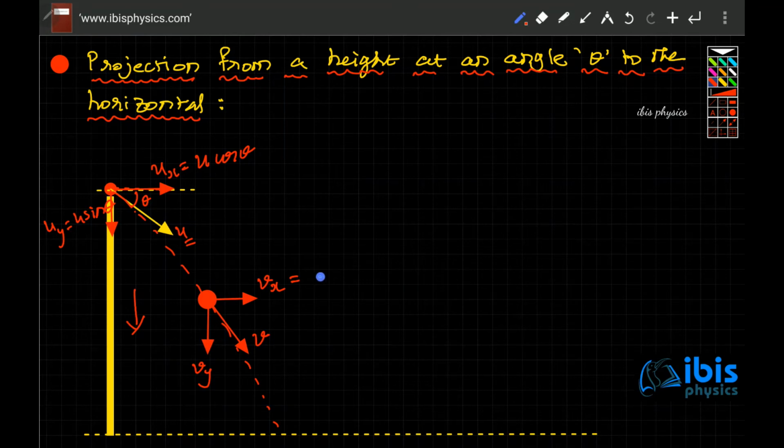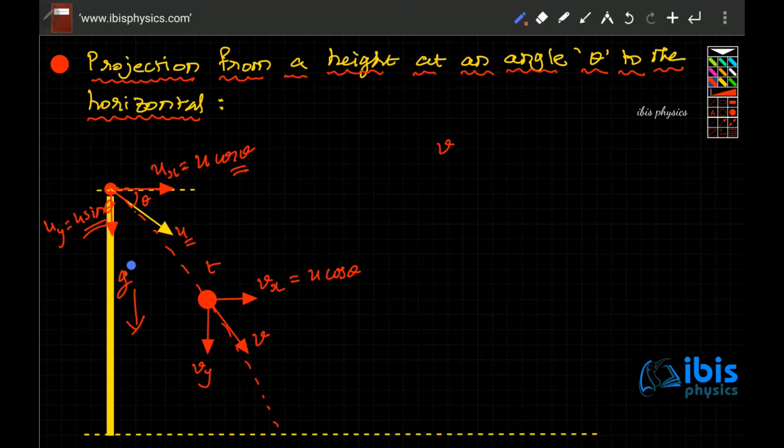Since no acceleration is taking place in the horizontal direction, whatever initial velocity is there, the same velocity will be there even after t seconds. But because initially the u sin theta velocity is downwards, and gravity is also downwards, the motion is accelerated.